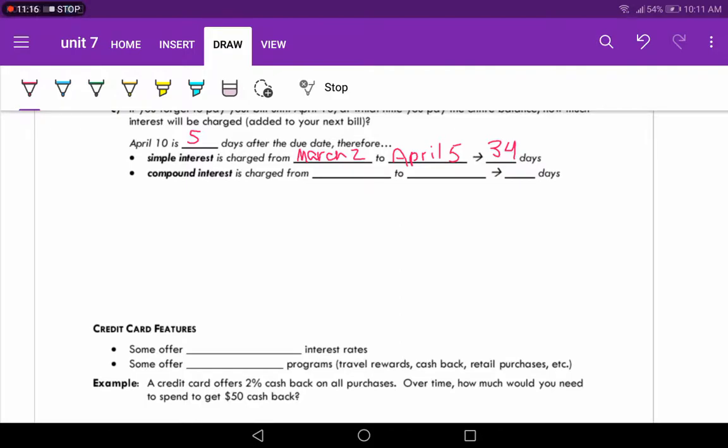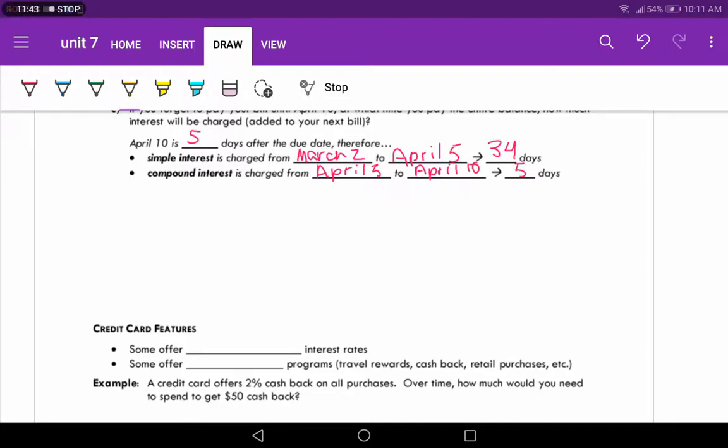And then compound interest is going to be charged from the day you get your bill to the day you pay it on the 10th, which is 5 days. So we need to figure out how much we're going to be charged in interest. We need to find both the simple interest and the compound interest.